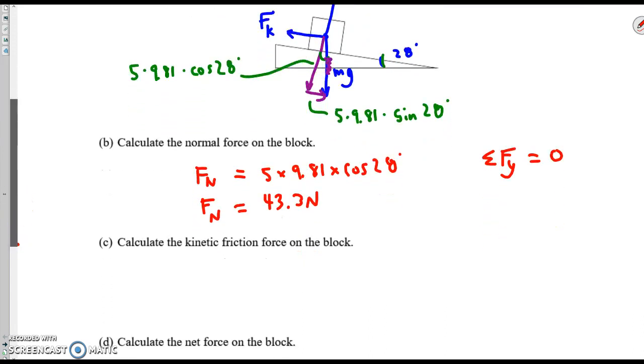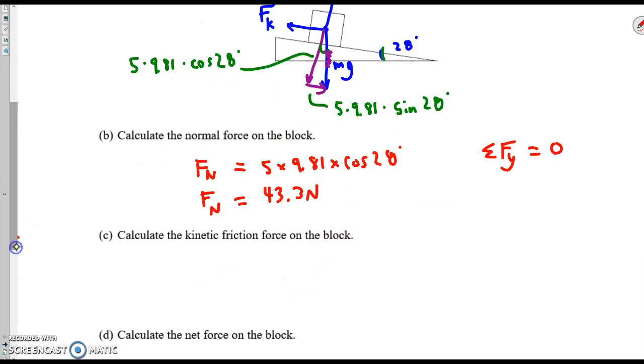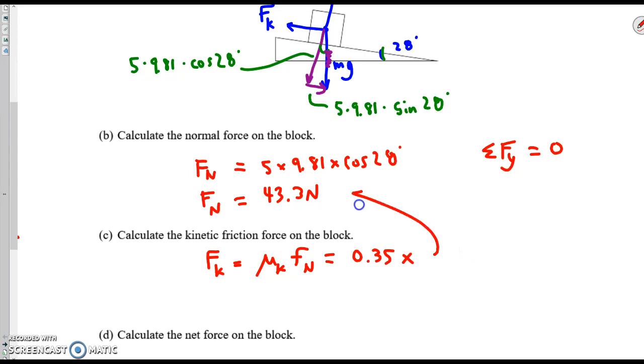Calculate the kinetic friction force. Well, the kinetic friction force is given by this equation. I've rearranged. Mu, we know, the value is 0.35. Fn, we found from above. So Fn is not equal to gravity, mg.